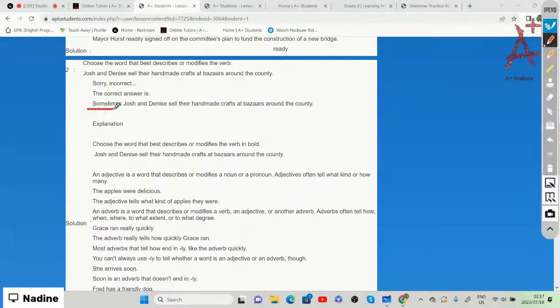So when? Sometimes Josh and Denise sell their handmade crafts at bazaars around the county. And this is an adverb that tells us when, right? Remember we said that adverbs often tell us how, where, when, to what extent, and to what degree.